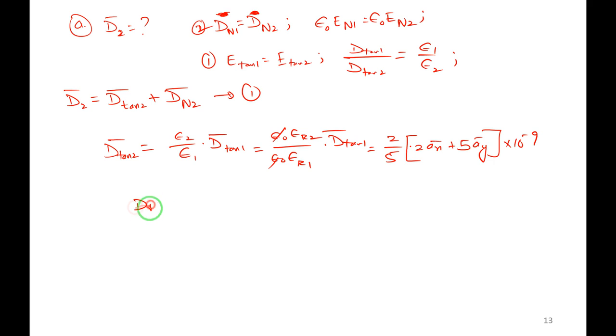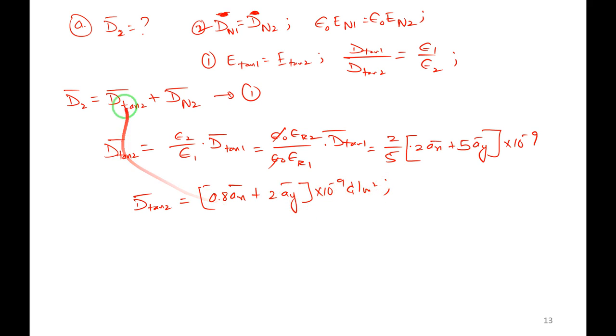So D tan 2 is 2 divided by 5 into 2, which gives 0.8ax, plus 2 by 5 into 5, where the 5 cancels, giving 2ay, into 10 power minus 9 coulomb per meter square.